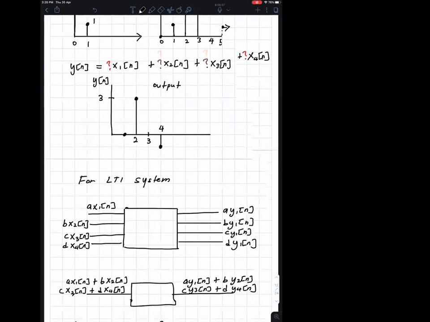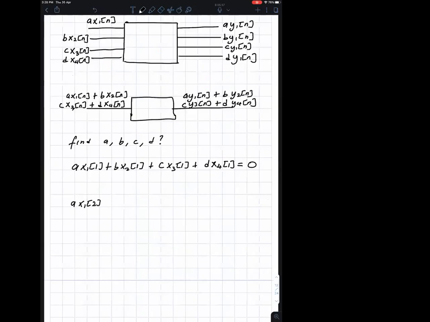So it's going to be A x1[2] plus B x2[2] plus C x3[2] plus D x4[2]. It's really worth it to know this problem, because you're going to see something like this in the final exam.